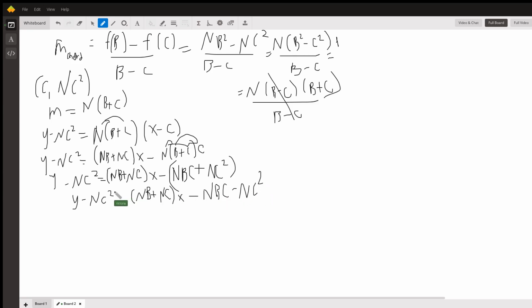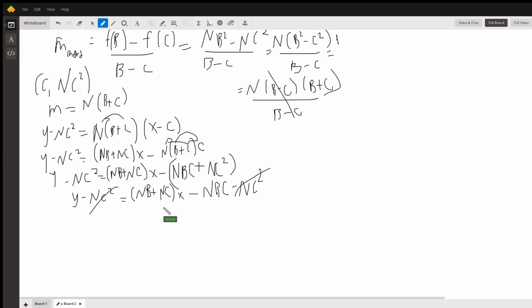So if you would add nc squared to both sides, these would go away. And in the end, that chord is given by the equation y equals (nb plus nc) times x minus nbc.